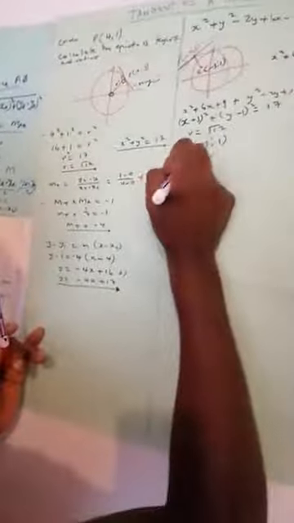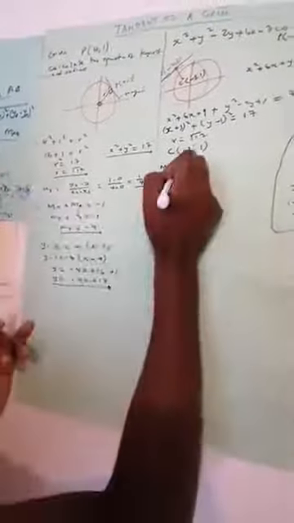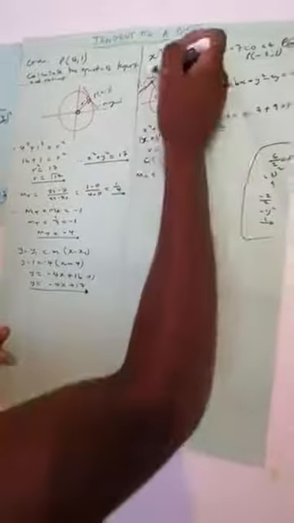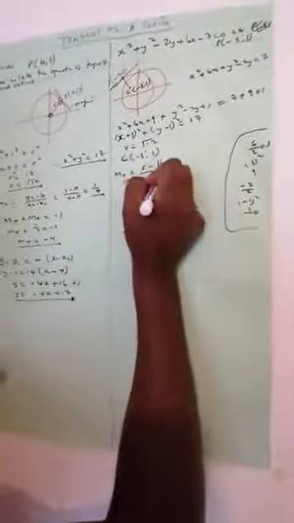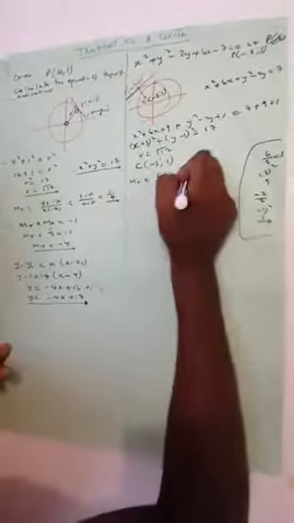So we are here. What's the gradient of the radius? Gradient of the radius. We know y2 minus y1. We're gonna say 5 minus 1 divided by negative 2 plus 3. This one is supposed to be positive. It's gonna be positive plus 3. And then the answer is 4 divided by negative 2 plus 3, 4 divided by 1.